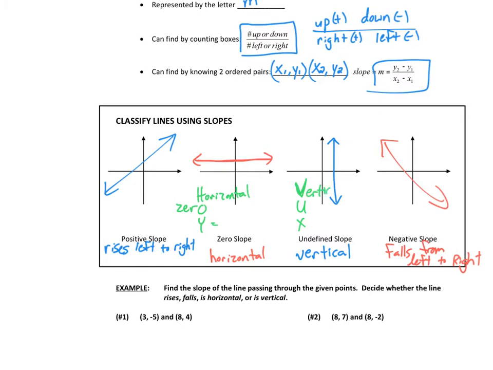VUX means vertical line, undefined slope, and it's x equals. So HOY VUX is an acronym that we use throughout the year. HOY means horizontal line, zero slope, y equals. VUX means vertical line, undefined slope, and it's x equals.